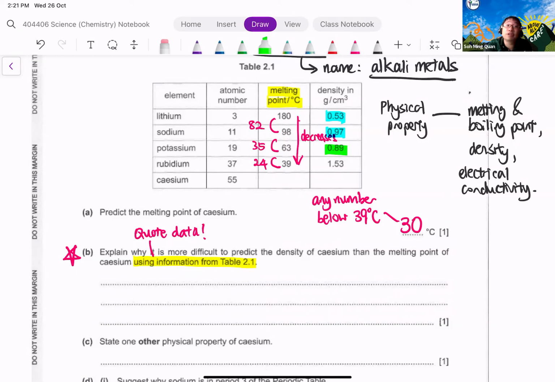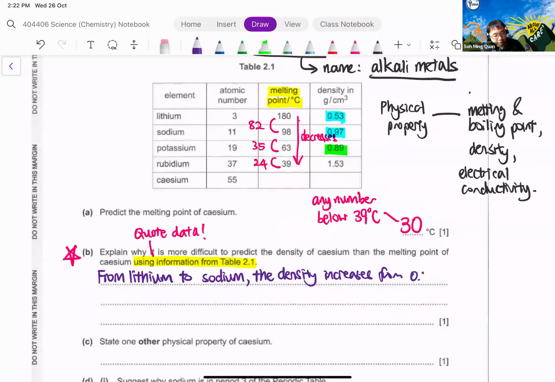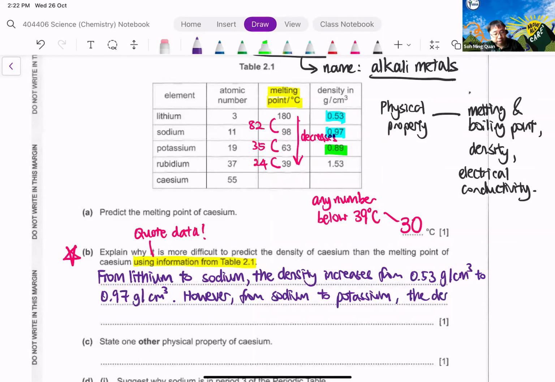So how do you put this into words with the data? The best way to do this is to say that from lithium to sodium, the density increases from 0.53 grams per cm cube to 0.97 grams per cm cube. However, from sodium to potassium, the density now decreases, right?